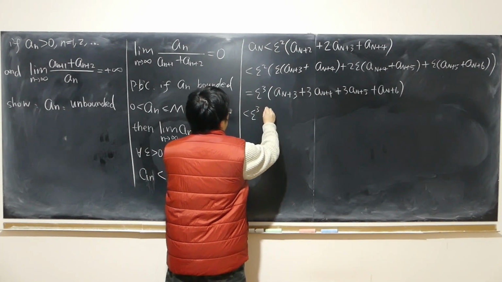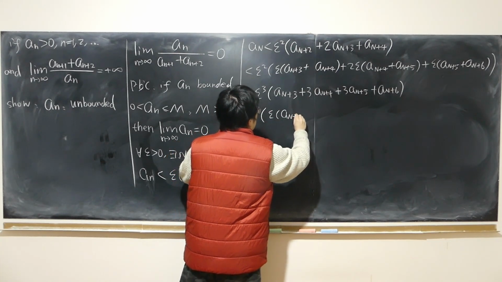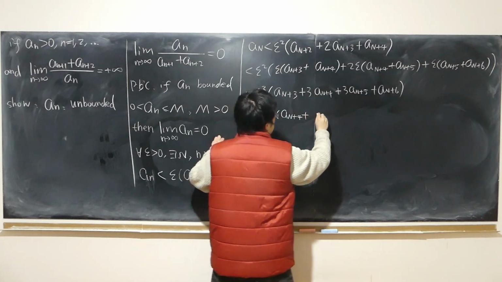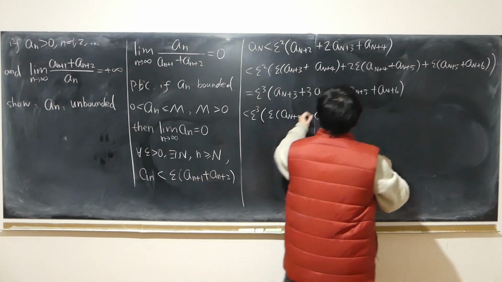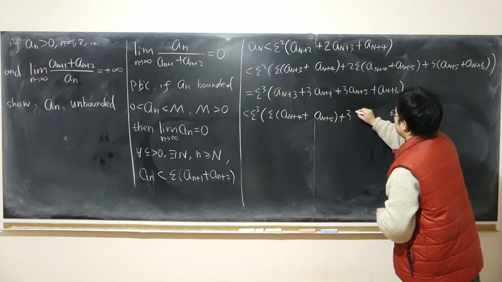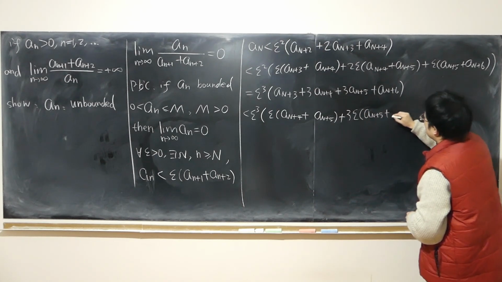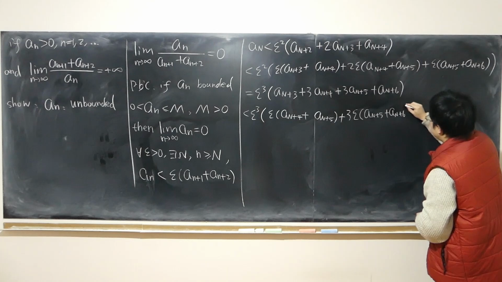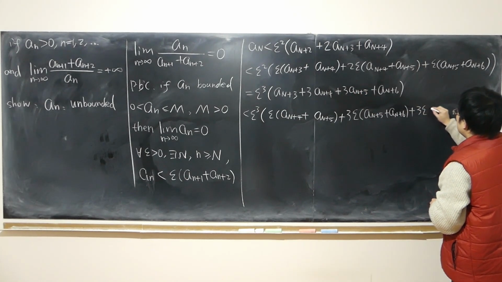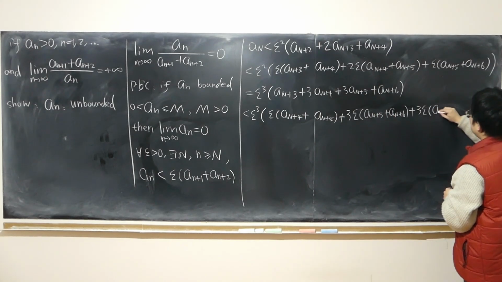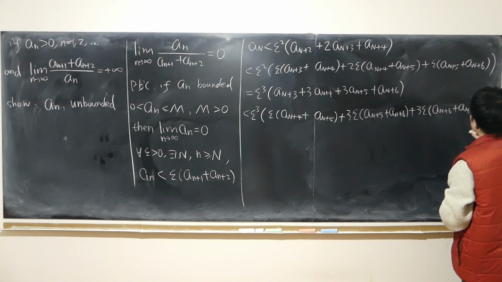Less than epsilon to the power of 3. This again replaced by epsilon times a_{n+4} plus 4 times a_{n+5}, plus this can be loosened by 3 times epsilon times a_{n+5} plus a_{n+6}, plus this can be replaced by 3 epsilon times a_{n+6} plus a_{n+7}.